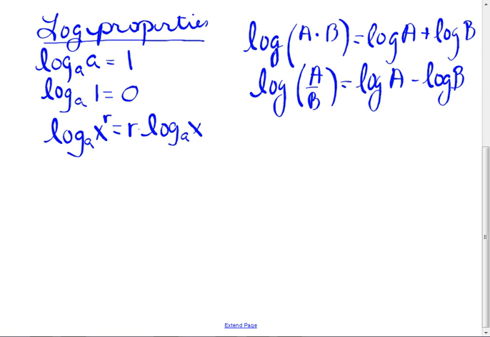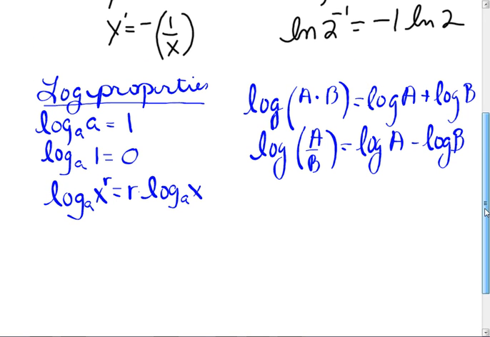We get tempted, but unfortunately, you can't do it. Also we have e to the ln of x is equal to x. E to the ln of f of x is equal to f of x.